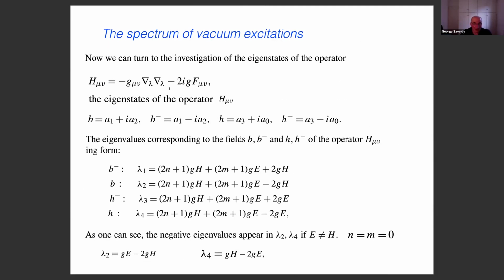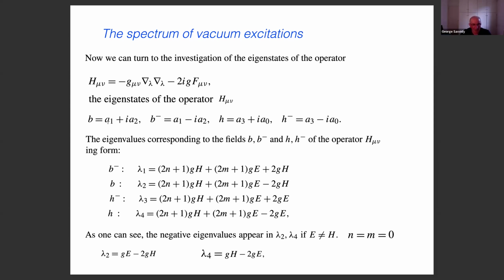Okay, so we were working until now with this operator, which is nabla squared, and we need to find now the eigenstates of the full operator, which is h mu nu. It contains this f mu nu. Now, it is easy, if you write the f1, 2, and so on, it's elementary algebra. You will find the diagonal fields, eigenvectors, right?